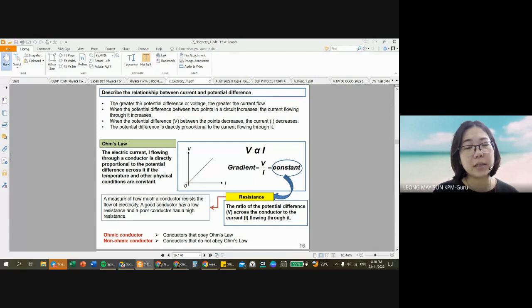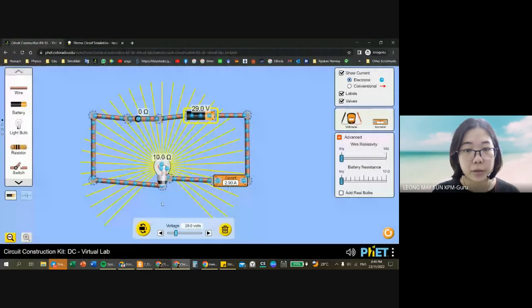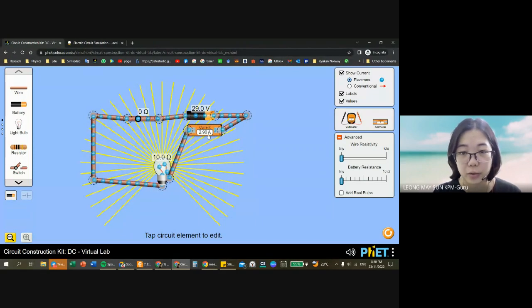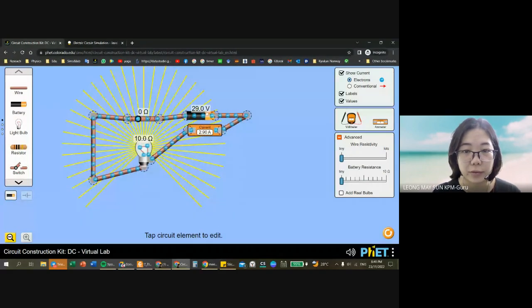First, let's know about the relationship between current and potential difference. Here, the potential difference is 2.29 volts and the current is 2.90 amperes. I'm going to put the current over there for you to see side by side.